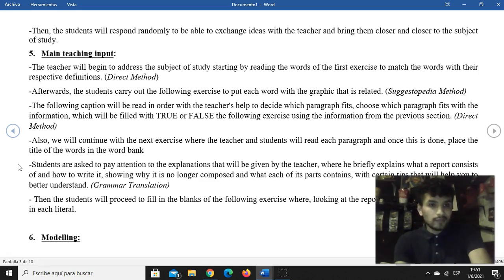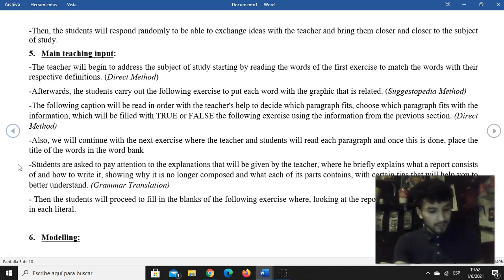The following caption will be read, with the teacher's help, to decide which paragraph fits. Choose which paragraph fits with the information, which will be filled in with true or false. The following exercise uses the information from the previous section.